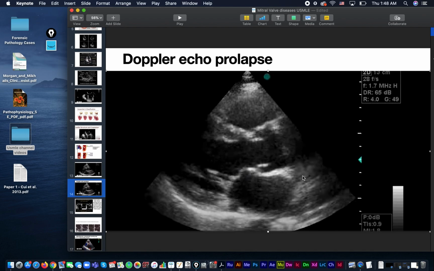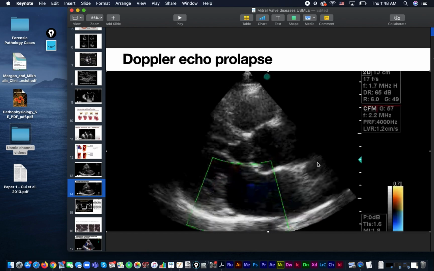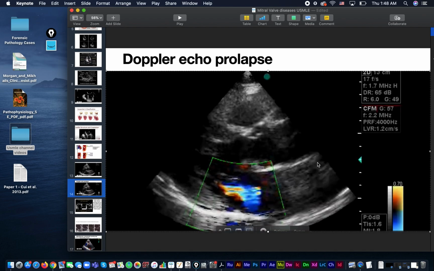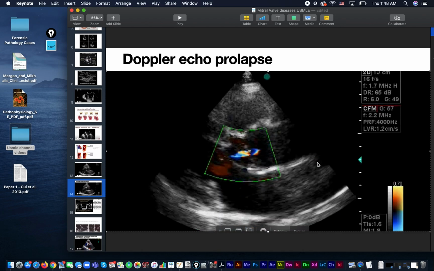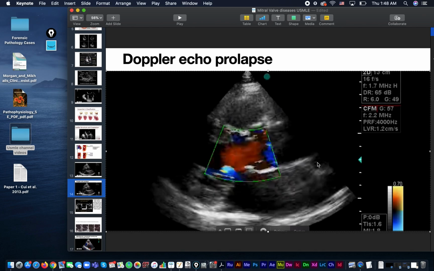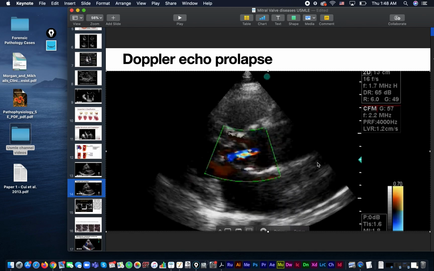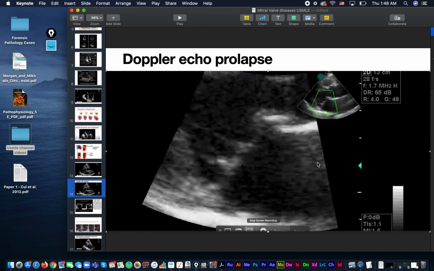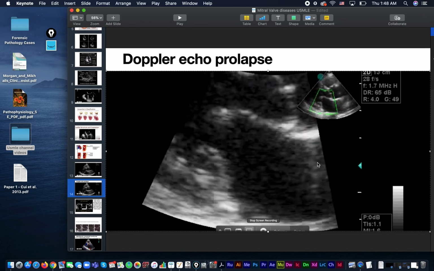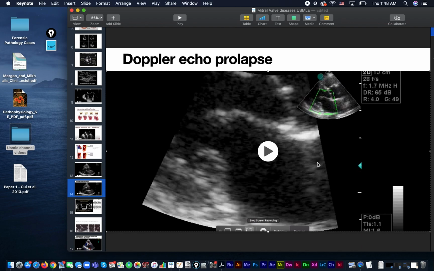Doppler echo prolapse. You can see some blue. I guess I'd call it a prolapse because you don't see a whole lot of arterial blood going back into the left atrium. But this is a prolapse with both leaflets.